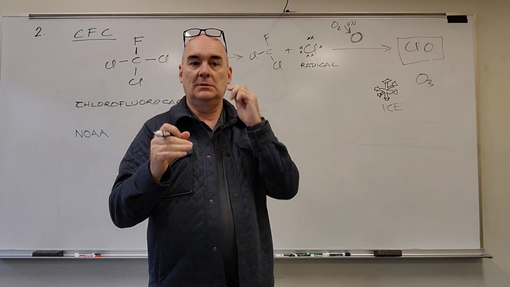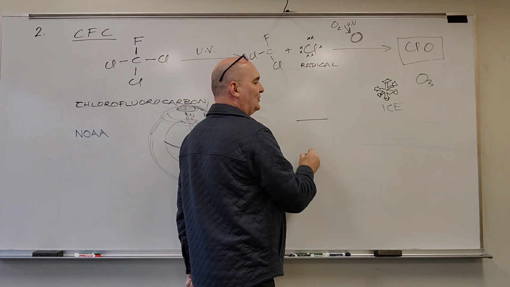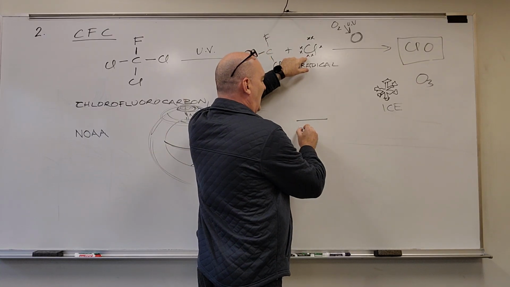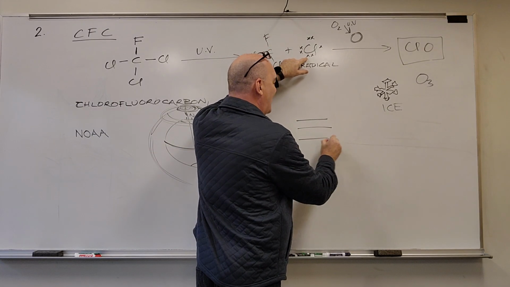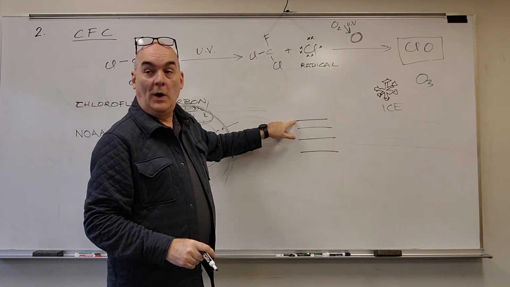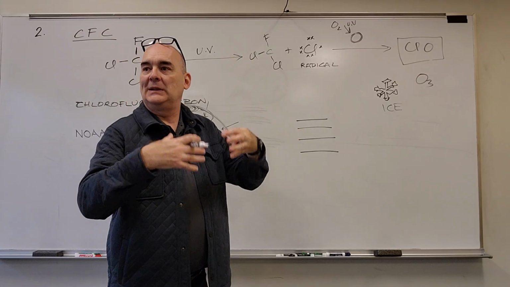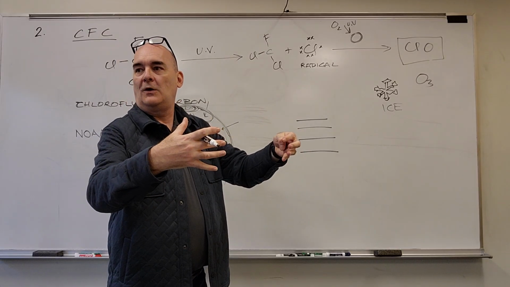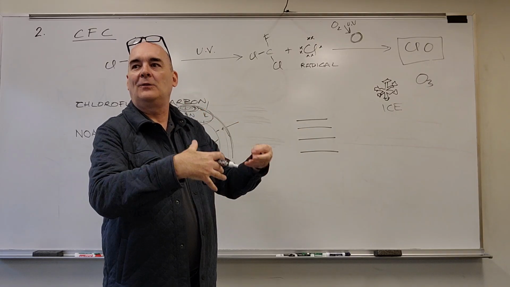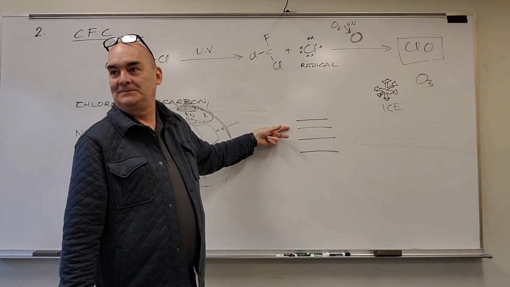So our mechanism is, I have a radical initiation, maybe to make this one, and then I have another one to follow, and then I have another line that follows that, and then I have another line that follows that. One of these could be happening during the cold months, and you build up a concentration of one of the reactants, and then in the warm months, the UV has at it.